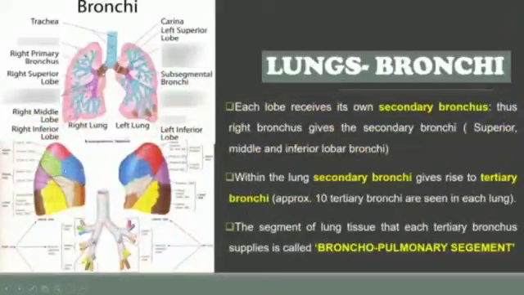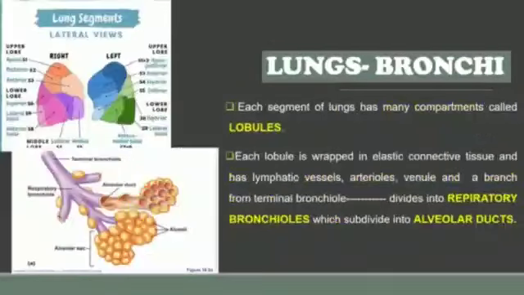Each lung receives one primary bronchus, which is subdivided into secondary bronchi. Each secondary bronchus enters into each lobe, hence these are called lobar bronchi. Each secondary bronchus subdivides to form tertiary bronchi. The segment of the lung which receives a tertiary bronchus is called a bronchopulmonary segment.